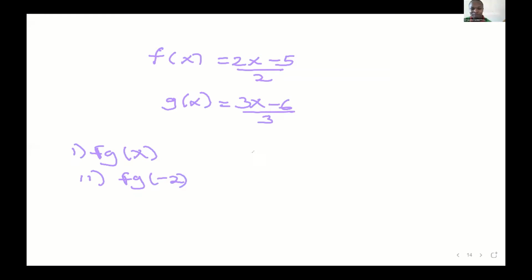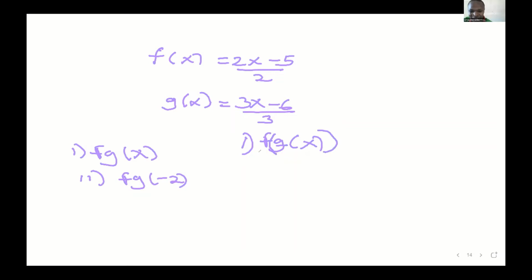If you had followed me from the beginning, if they give you this, Roman 1, this fg of x, the g is our last function, it will go into the function f.